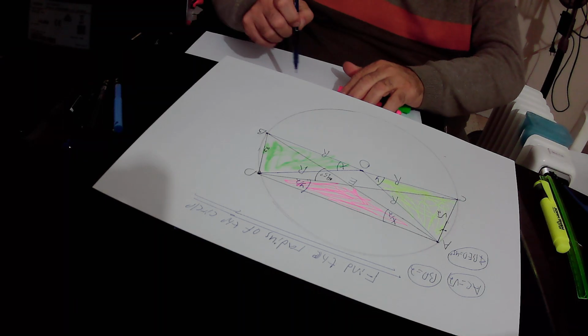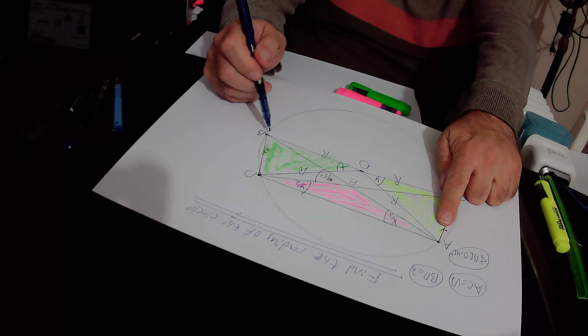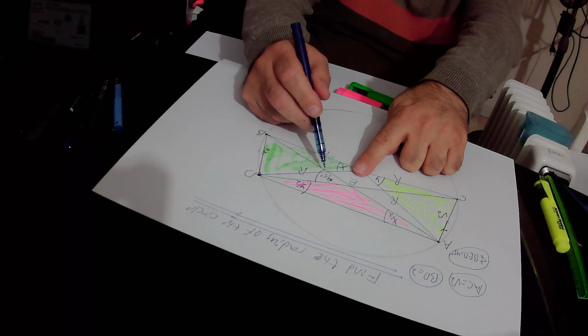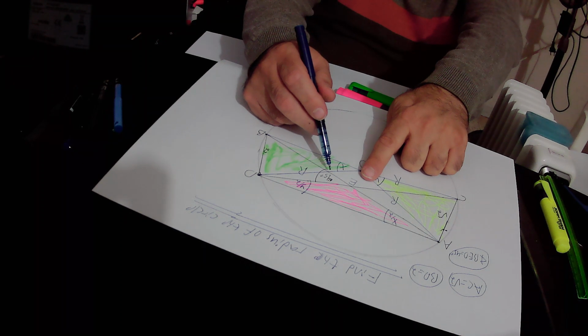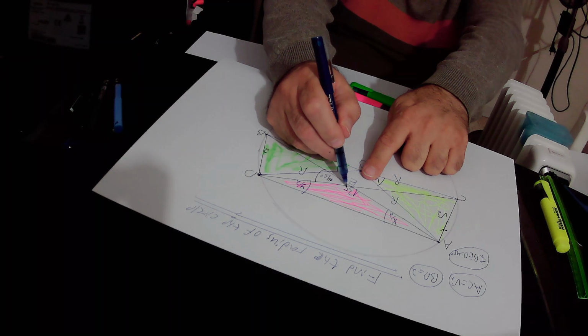But before that we focus on the straight line AB. We have this angle equal to 45 degrees, and according to rule number 1, the sum of the angles on one side of a straight line is equal to 180 degrees. The missing angle must be equal to 135 degrees.